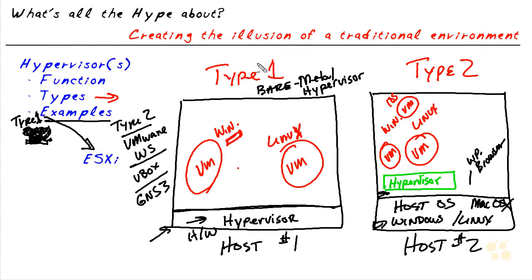One of the cool things about a type 1 hypervisor is that we don't have overhead from a host operating system like Windows or Linux or Mac OS that are going to consume quite a bit of resources as far as hard disk, memory, and CPU. If we have a type 1 hypervisor, the only memory and CPU and resources that are taken up by default from the starting gate before we create any new virtual machines is the hypervisor itself.